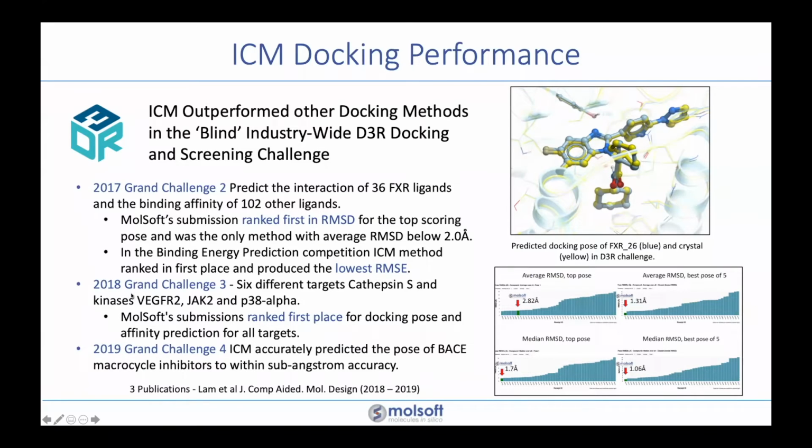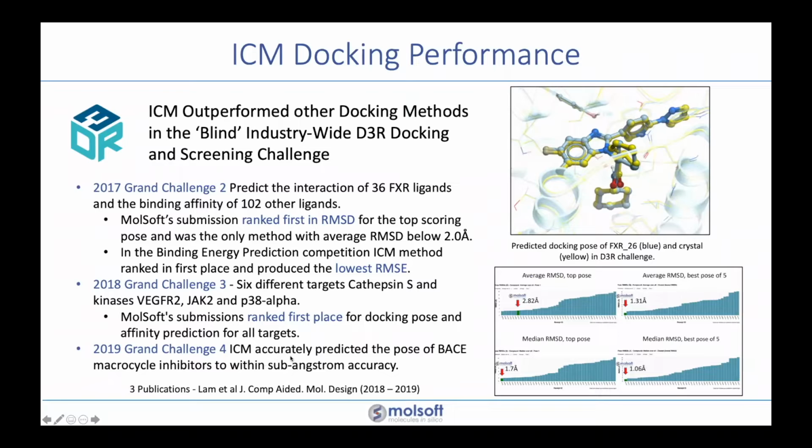In 2018, the challenge had a larger scope, and MolSoft ranked first place with docking pose and binding affinity for all these targets. And then in 2019, the challenge was a bit different because the ligands were macrocycles.